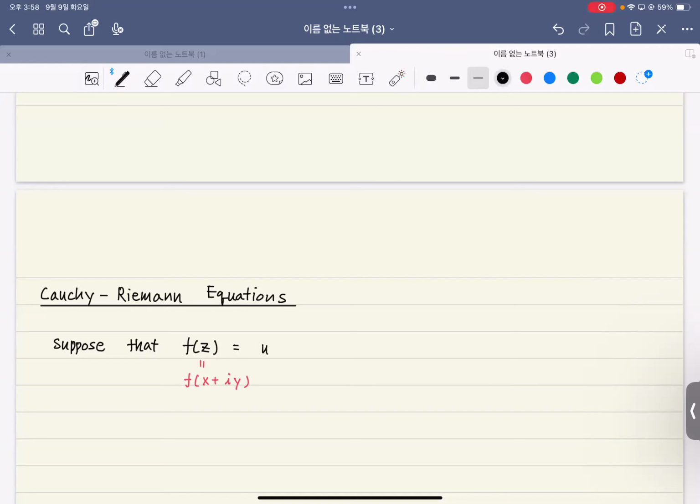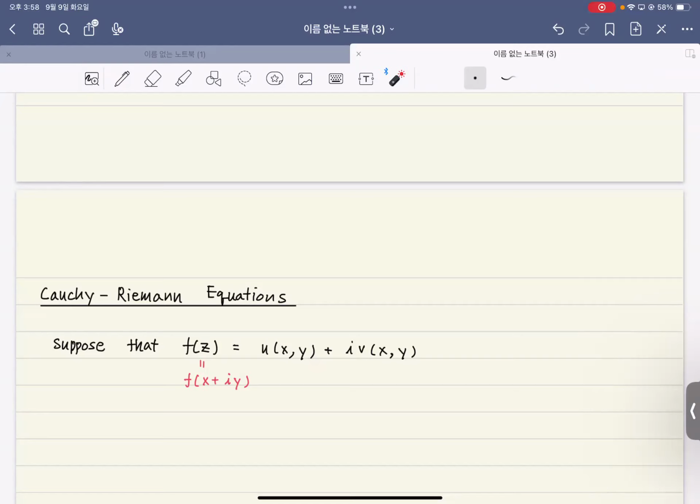I'm going to write them like this: u of x comma y plus I times v of x comma y. So u and v are both real-valued functions, and more specifically, u represents the real part of the function value, and v represents the imaginary part of the function.